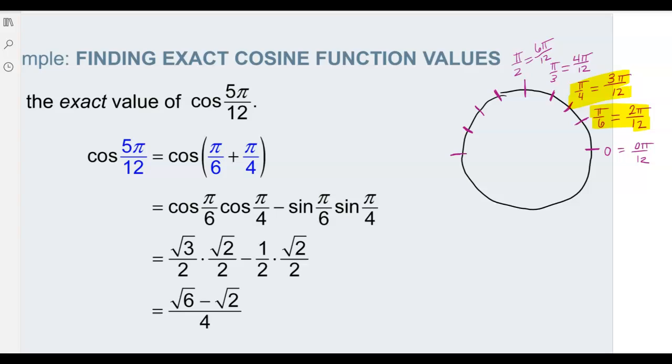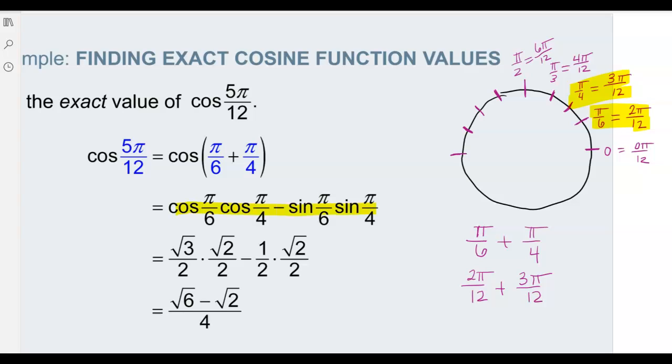If they take pi over 6 and pi over 4, the rewrite of that is, let's say, pi over 6 plus pi over 4. When we write this with a common denominator, that's 2 pi over 12 and 3 pi over 12. That's where we're getting that 5 pi over 12. And then we plug into the formula.